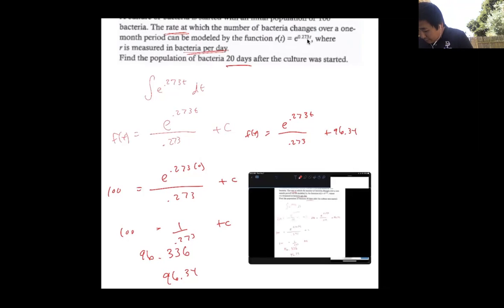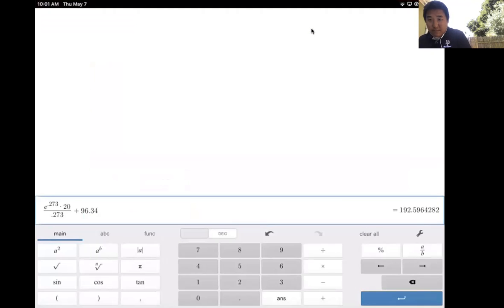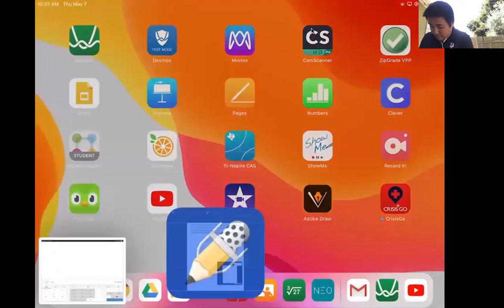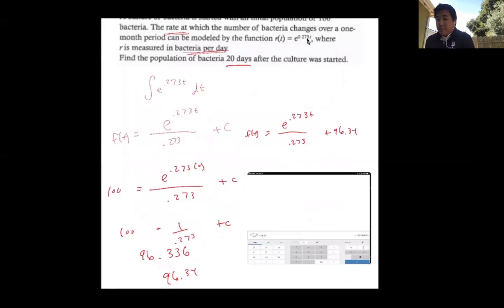Some inception here. Calculator didn't copy. And it goes right there. So there's the warm up.